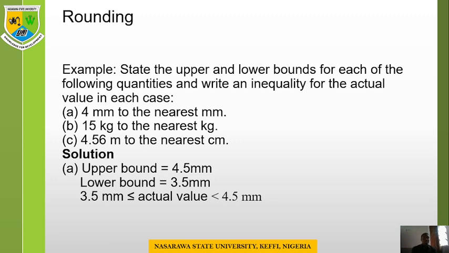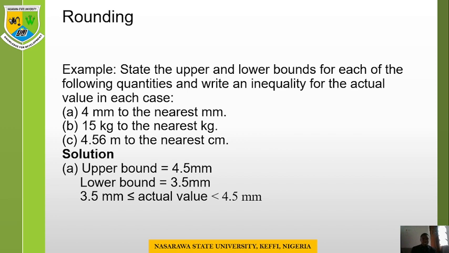Alright, now this is another example, and it says that we should state the upper and lower bound for each of the following quantities and write an inequality for the actual value in each case. Now A, we have 4 millimeter to the nearest millimeter. What this question is trying to tell us is that this 4 is not actually the actual value.